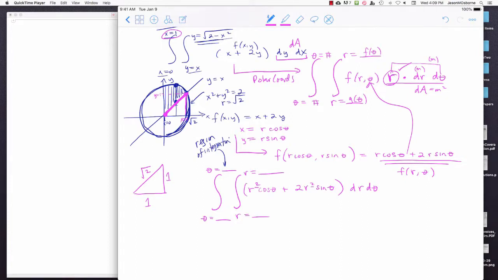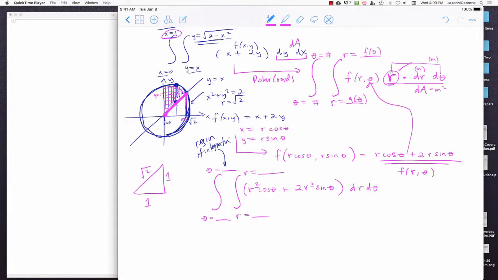So we need to have a radius going from 0, because we're imagining circles here, expanding in radius. And here on this edge, the radius is the square root of 2.